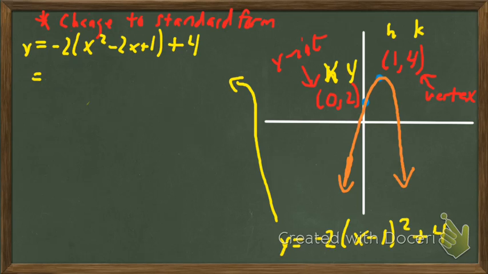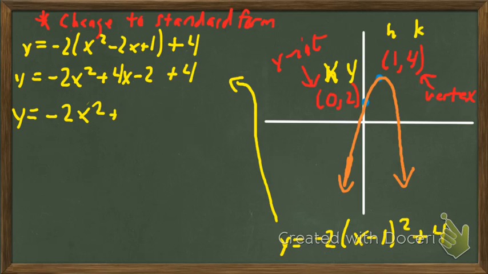And then I'll distribute the -2 and have y = -2x^2 + 4x - 2 + 4. Then I can add my constant terms at the end, and I'll get y = -2x^2 + 4x + 2. Each of those are representations of the equation for the same graph. And since we are told to write the answer in standard form specifically, that's why we would get this answer right here. Alright, great.